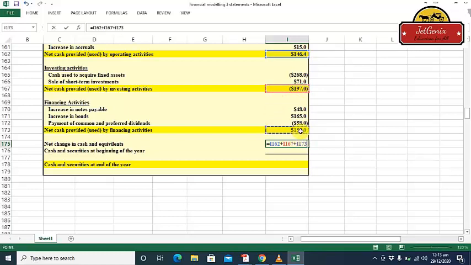Now just press enter. So we have 104.4 million in cash, and it is the change, not the total.